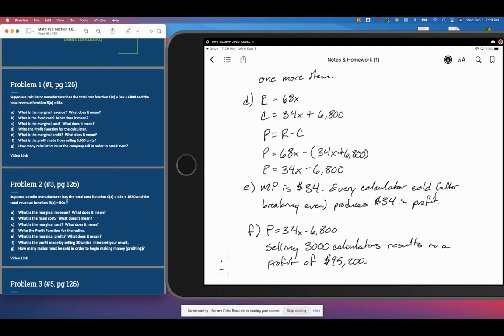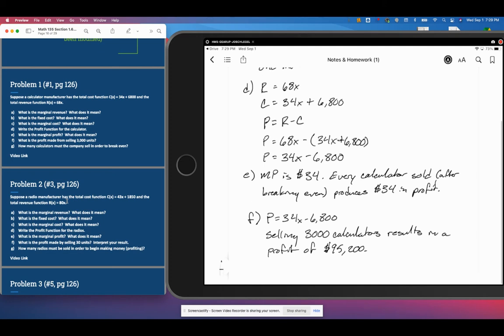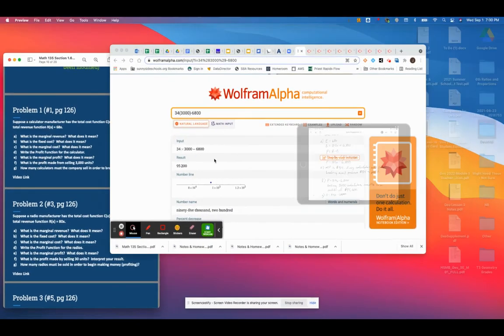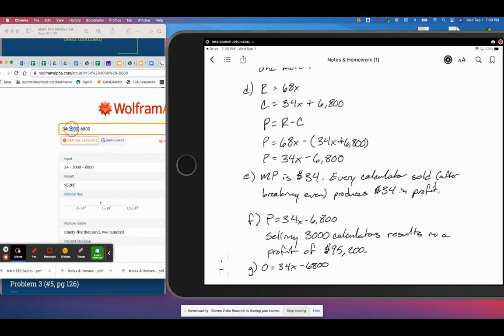How many calculators must the company sell in order to break even? We've done lots of these, everyone. For G here, when profit is equal to 0, this company will break even. So we need, just going to augment this instead of typing it all back in again.